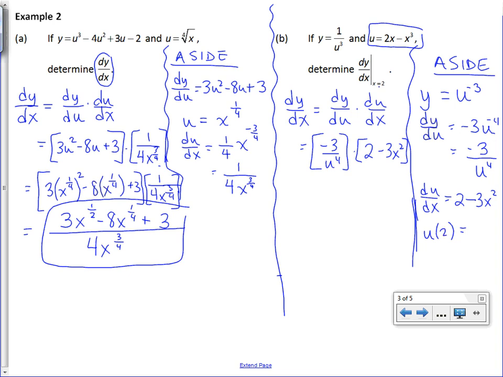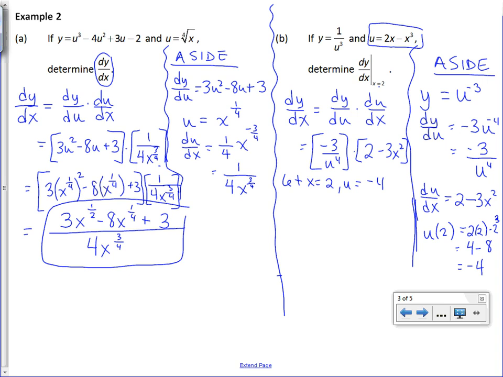So u at 2 equals 2 times 2 minus 2 cubed. 4 minus 8 is negative 4. So now when I go over here, I just have to let x equal 2, u equal negative 4. I don't have to actually replace the u with this function. I can just replace the u with negative 4.